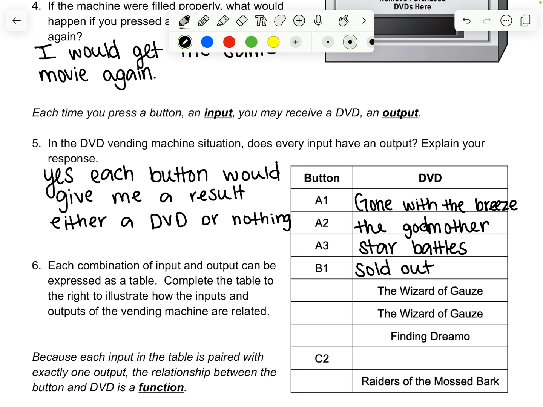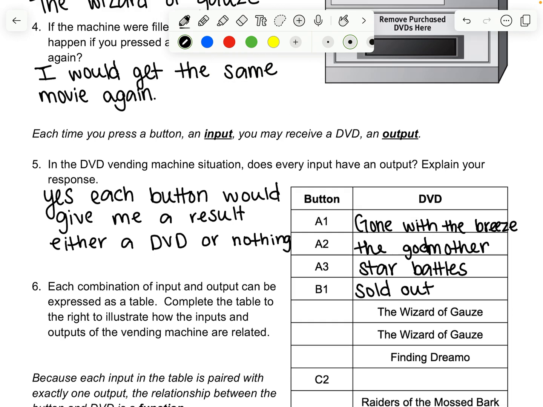About 10 more seconds. Alrighty, let's go ahead and see if your answers are correct.